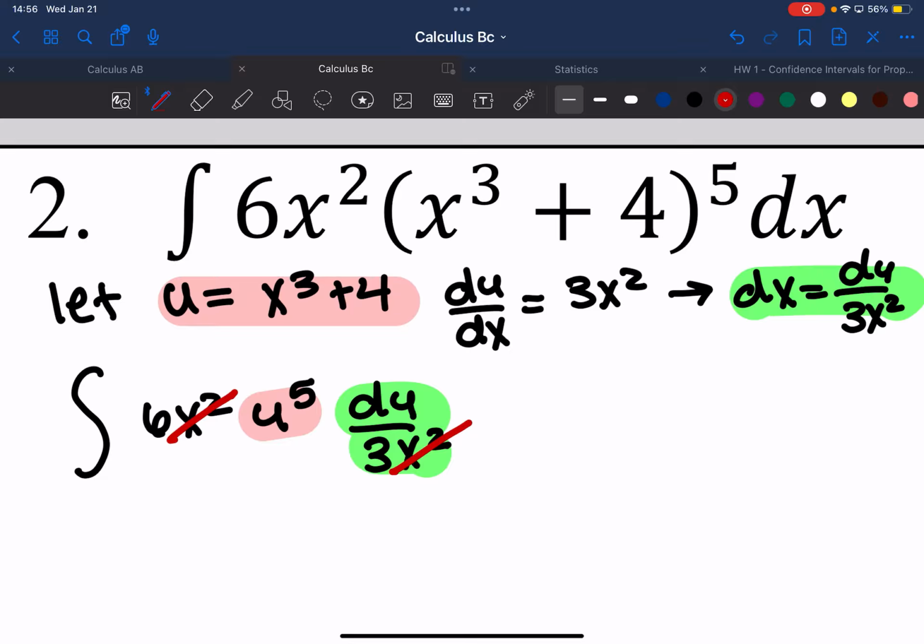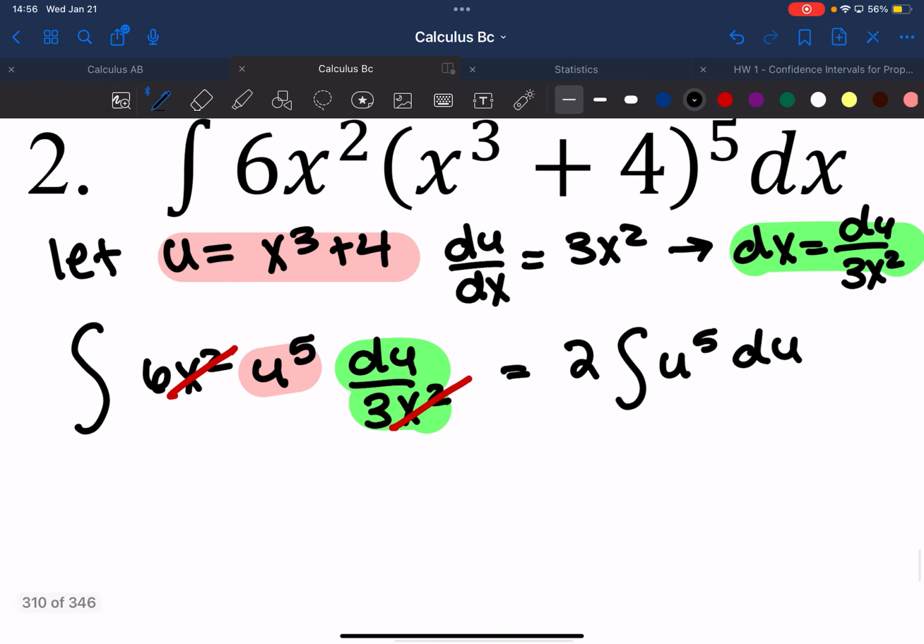Okay. And it also reduces the number. What's 6 divided by 3? 2. And then based off the constant rule, I can take the 2 out. So this is 2 integral of u to the 5th du. Okay. Now is everything in terms of u? Yes, so then we can take the antiderivative.